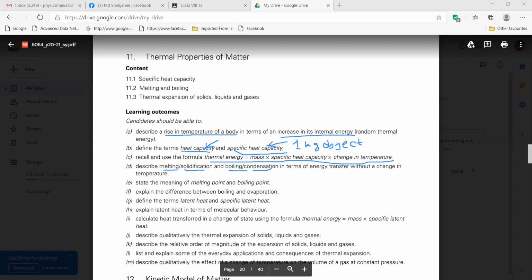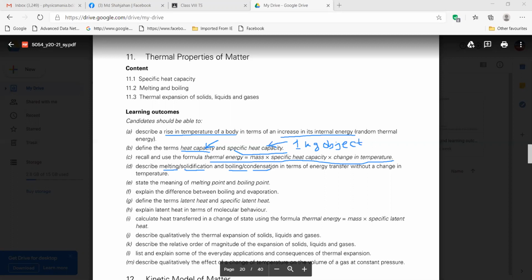Can you check them? What is called melting? What is called boiling? And there is also discussion about melting point and boiling point. Yes, sir. Please check: melting, boiling, boiling point.